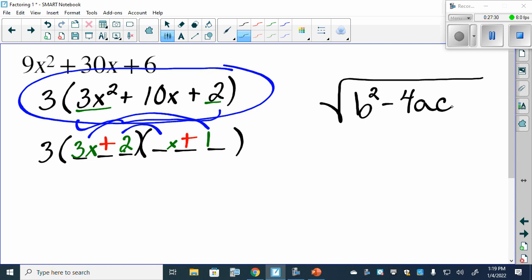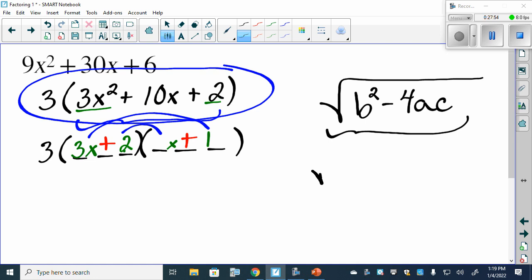This here is part of the quadratic formula. Because our quadratic formula is negative b plus or minus the square root of b squared minus 4ac all over 2a. And it works out that if we plug values of a, b, and c into this here and get a whole number, it's factorable in some way, shape, or form.